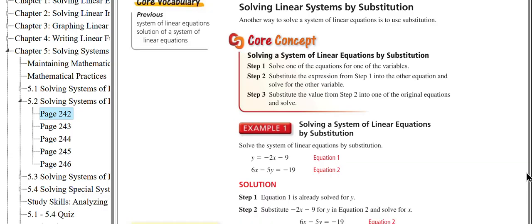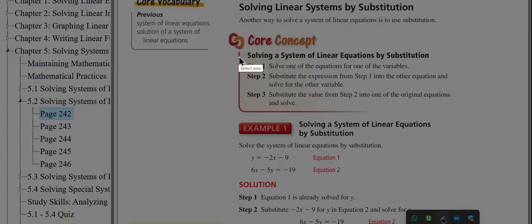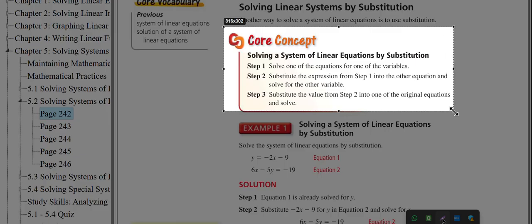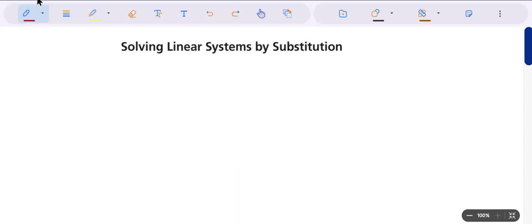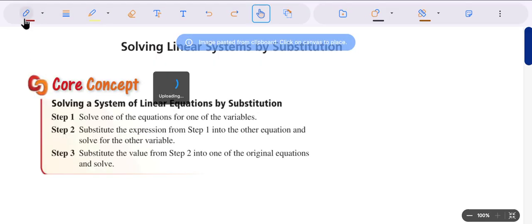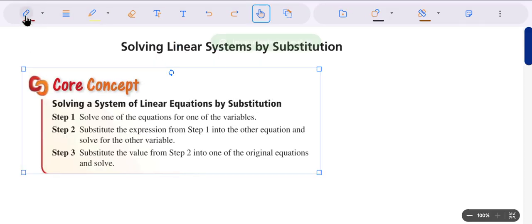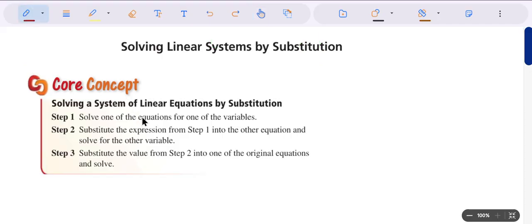So actually there are some steps for solving this system of linear equations. So what are the steps? Just to go through that. Solving a system of linear equations by substitution.